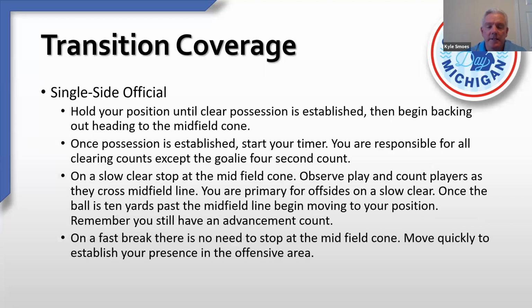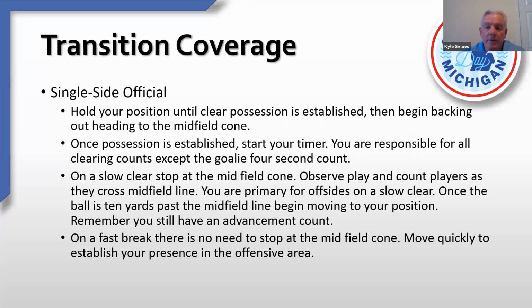In transition, that single side official is going to hold, the same as the new lead would, the old trail, and make sure that we have a change of possession. Once he knows that, he's going to go towards the midfield cone.